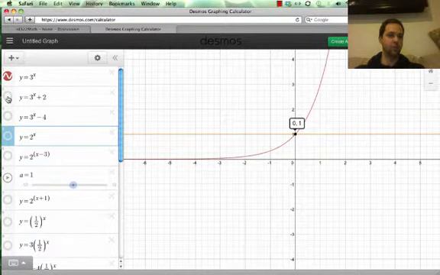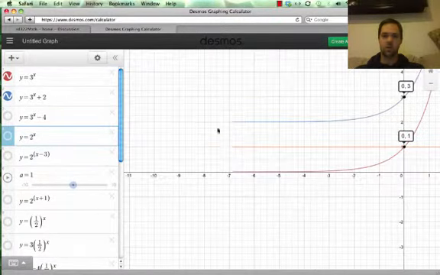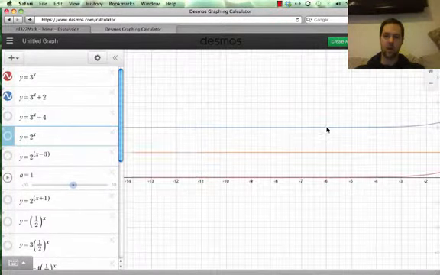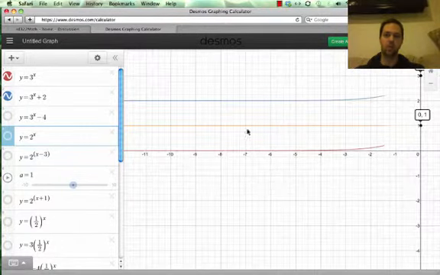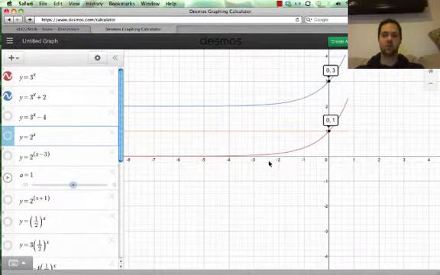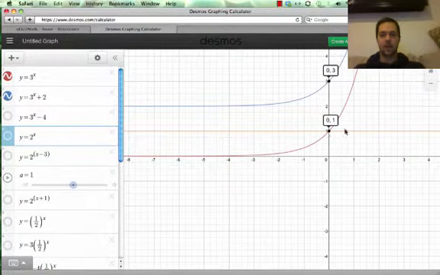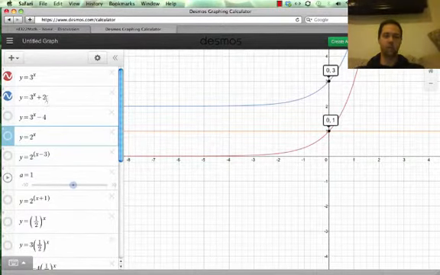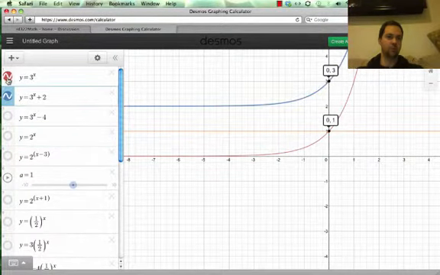But if we do a vertical shift of +2, you'll notice that we don't ever go below the value of 2. So we have shifted our horizontal asymptote up 2 units, and that's consistent with the vertical shift of the entire graph. We shift not only every point along the graph, but also the horizontal asymptote.